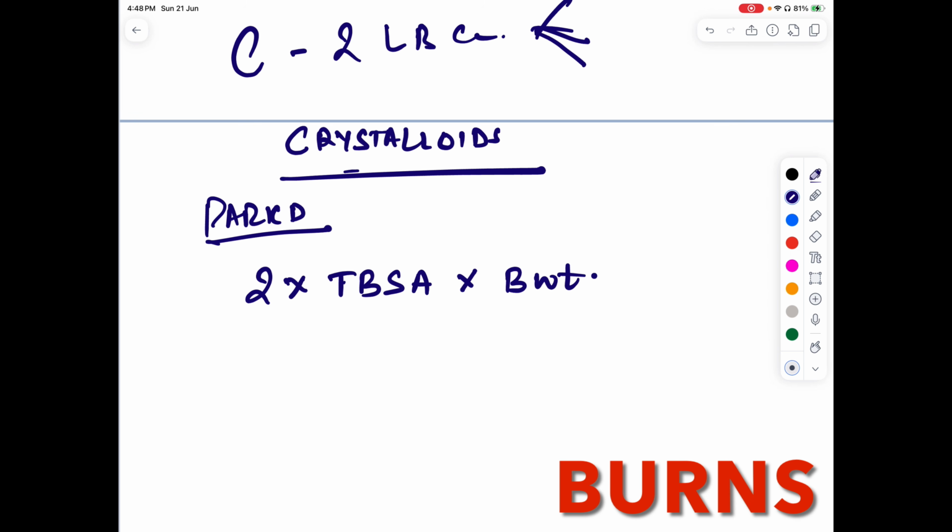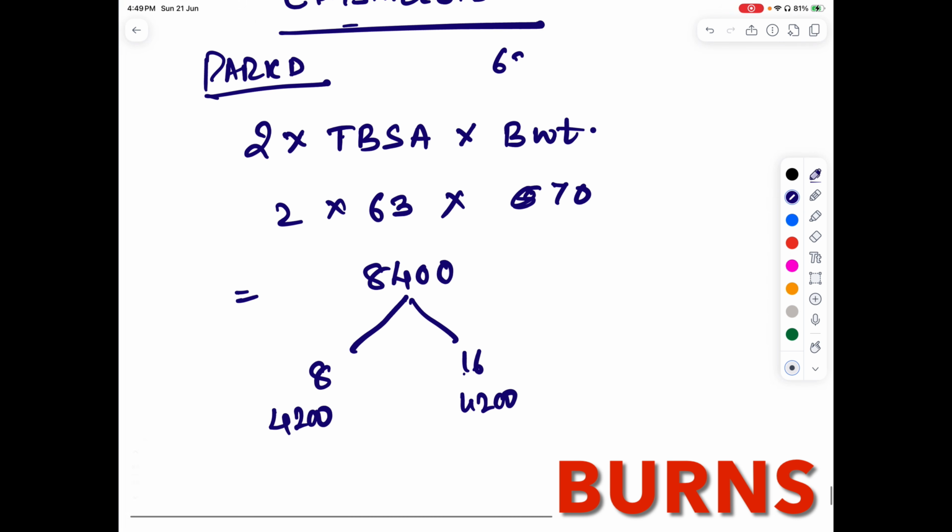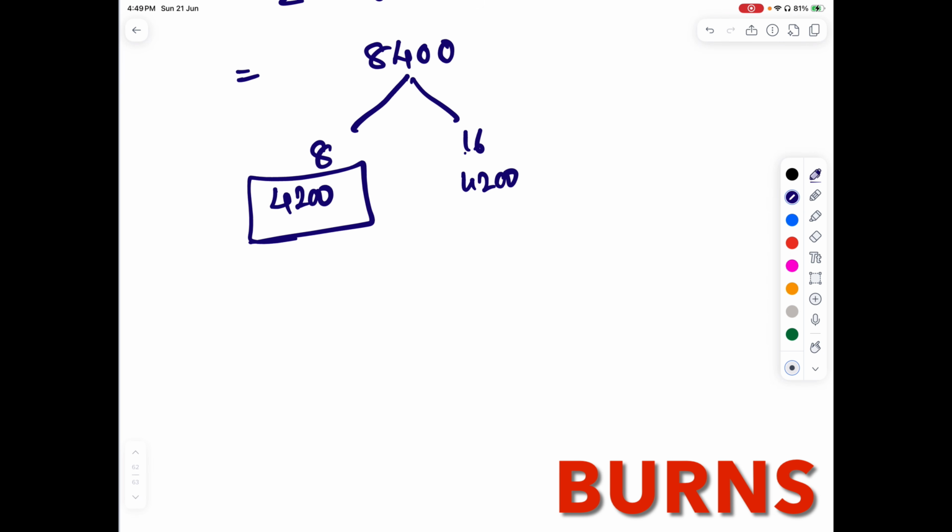So if the patient has 63% burns and body weight is around 50 kg or 70 kg, and 2, that will come to roughly around 8.5. So among these, in the first 8 hours it has to be 4,200, and in the next 16 hours it should be 4,200. So this is resuscitation. Within the first 8 hours you have to give this much, and the remaining you have to give over the rest.